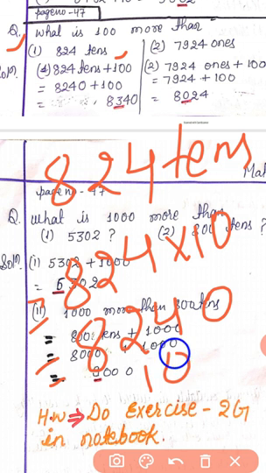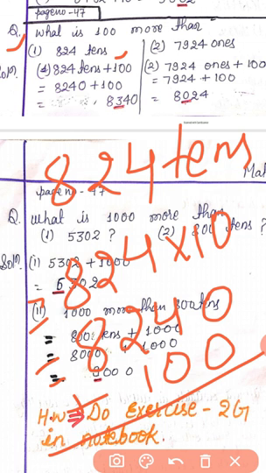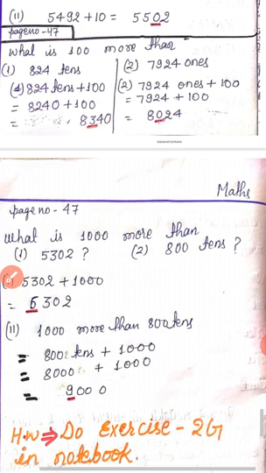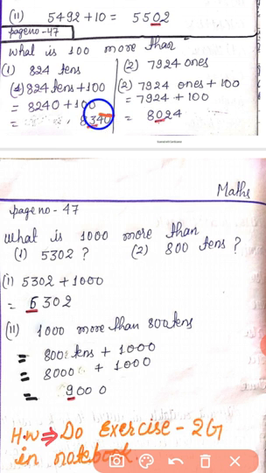So in this case we add 100, and after adding 100 we get the sum 8340. We see the ones and tens place digits remain the same, and the hundreds place digit always changes, so we underline the hundreds place digit.